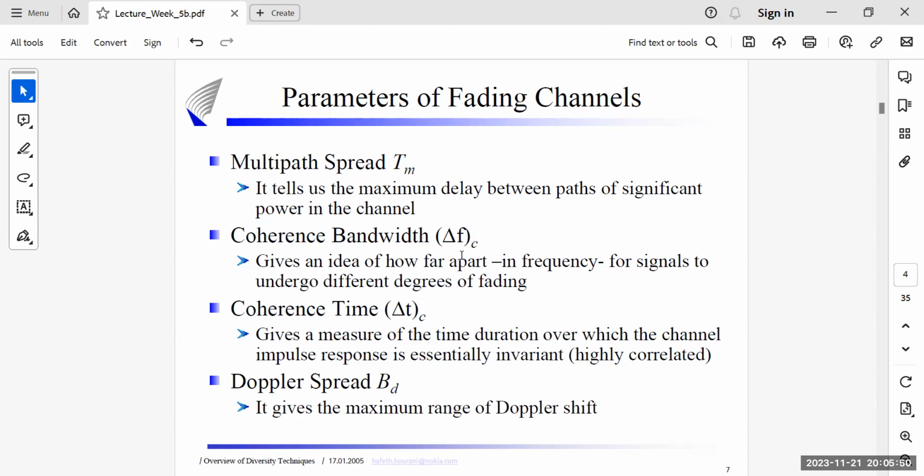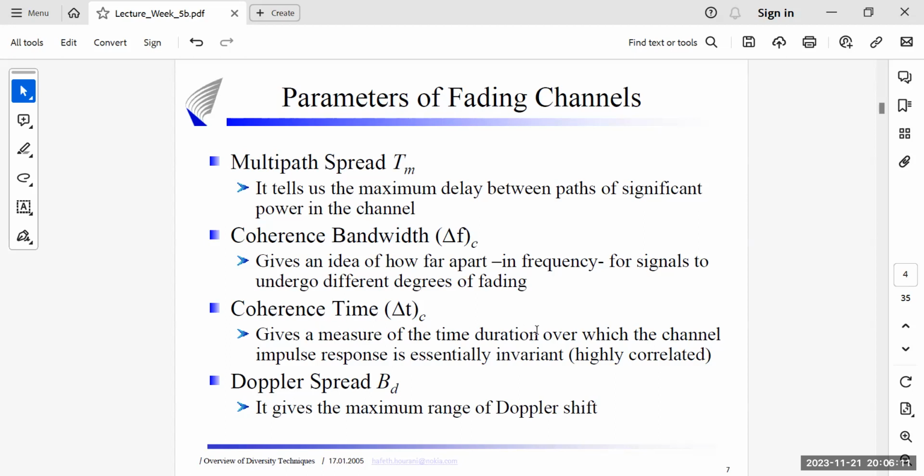So as you move away from this Δfc, you get some different kind of fading, right? So Δf is basically that range of frequency for which you get the same kind of fading. And you say this is the coherence bandwidth, the range of frequencies at which you see coherence in the signal. Next is coherence time.